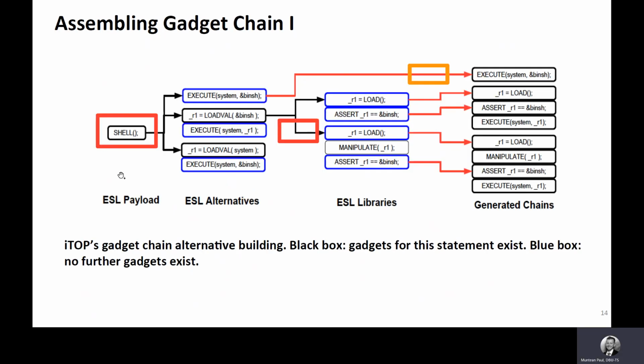So in order to assemble a gadget chain, for example, we have here the ESL payload, we have the shell, and then basically we can do an execute operation. Blue boxes represent operations which are reachable and which actually don't allow a next step. And black boxes represent operations which can be used in the chain and then have next operations which can be done afterwards.